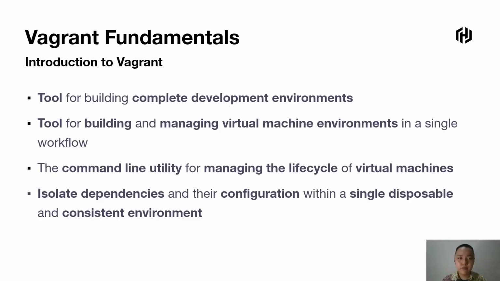Vagrant also has a command line utility for managing the lifecycle of virtual machines. We may forget what tools we have set up in our virtual machine. We may forget about the application, about the configuration. That is why we need Vagrant.